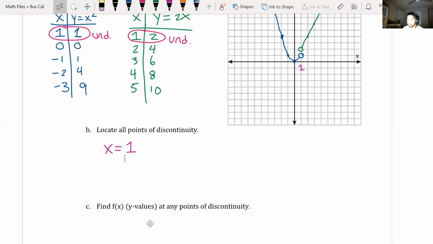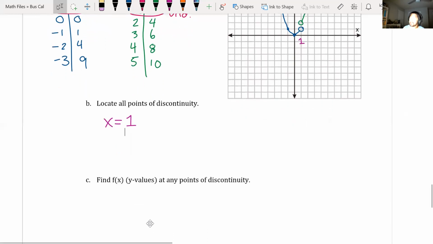Do you guys see that? And if they were closed? If they were closed, you would state both of them. Okay, got you. So for B, we're choosing x equals 1 because of its location.